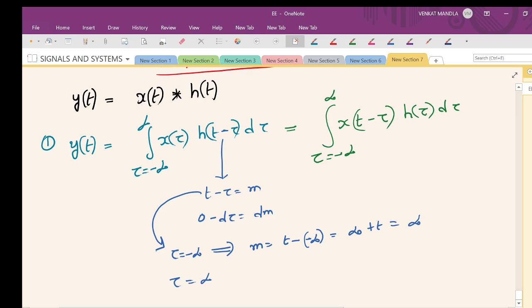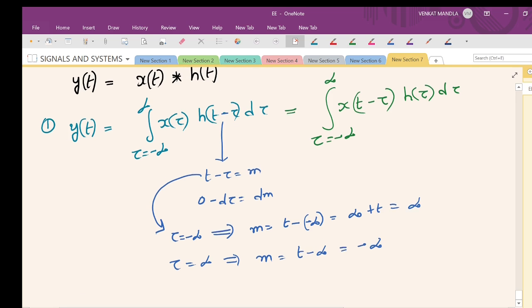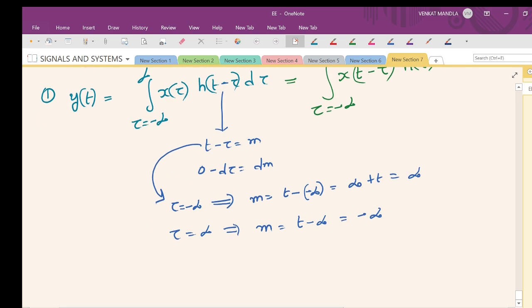If tau equals plus infinity, m equals t minus infinity, that is minus infinity. So the limits are also changed.